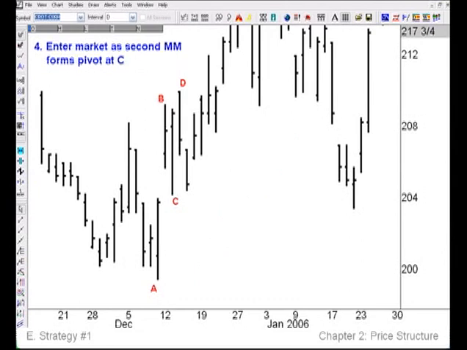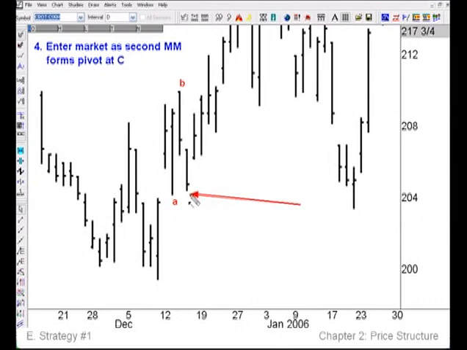Rule number 4 says enter the market as the second measured move forms a pivot at C. Now we know that the CD leg of the first measured move becomes the AB of the second. As we watch, price action pulls back from little b, we will be focusing in on the potential pivot bar.